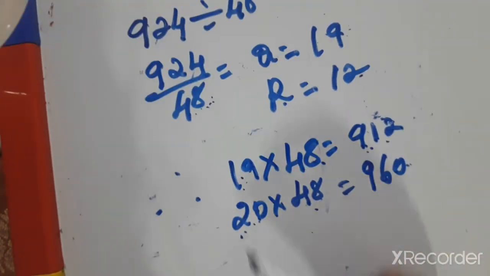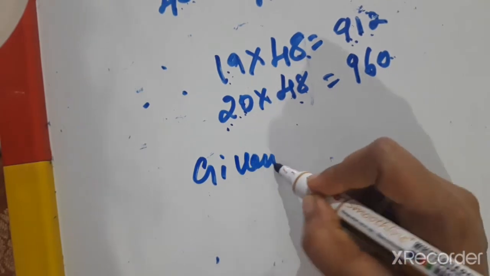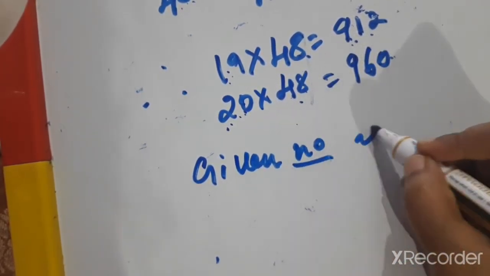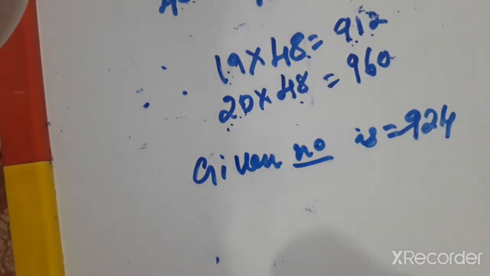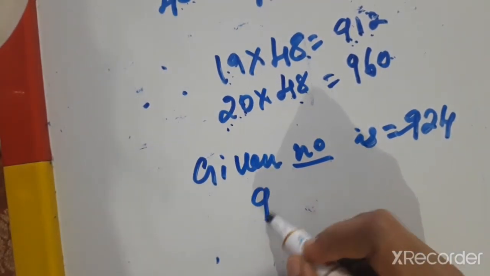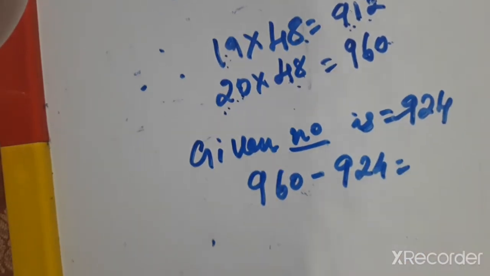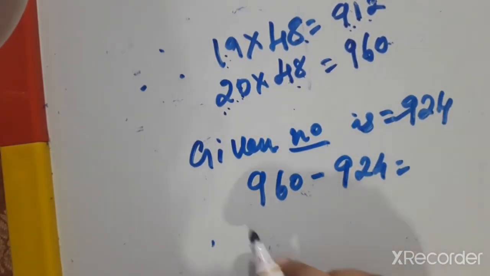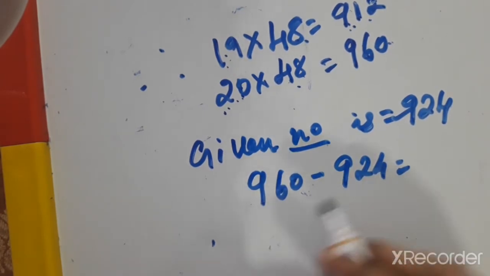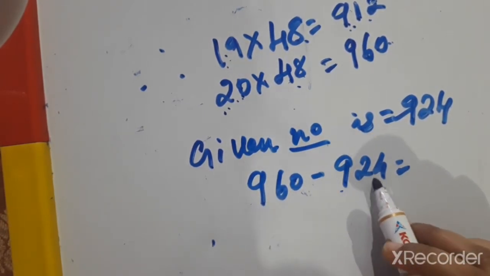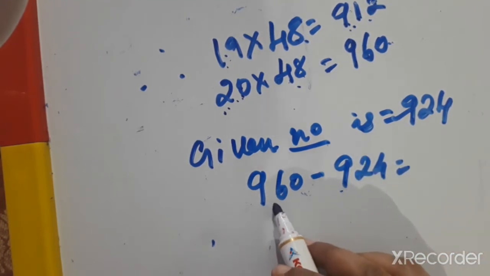Now we have the given number. What is the given number? The given number is 924. Now 960 minus the given number. 960 is exactly divisible by 48, but 924 is not exactly divisible, we get a remainder of 12.